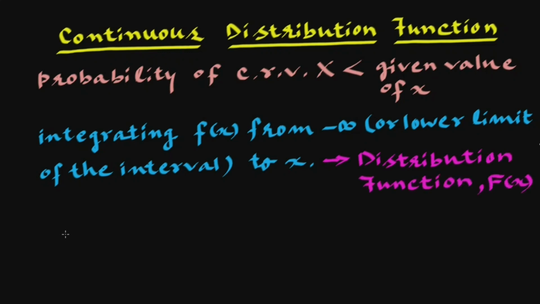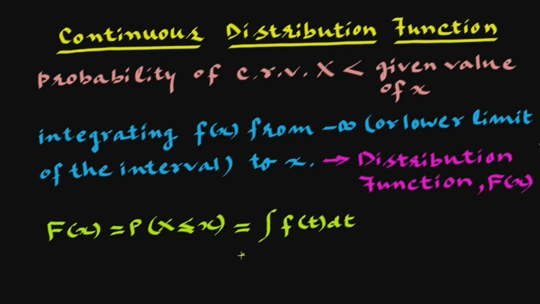So we have the continuous distribution function F(x) as the probability when X is less than or equal to small x, which is given by the integral of f(t) dt from minus infinity to x, where the random variable x lies between minus infinity to plus infinity.